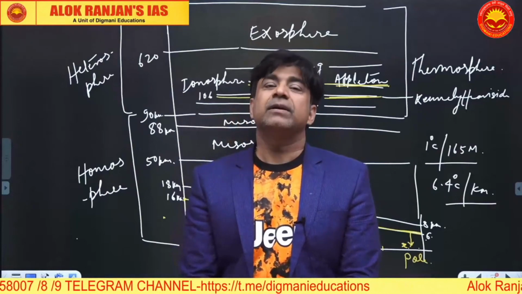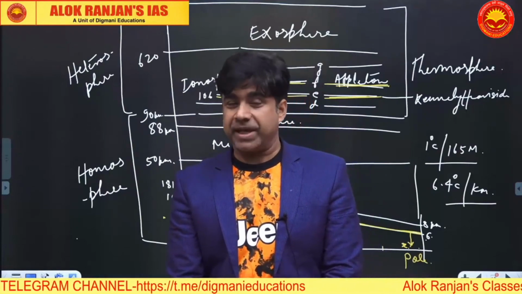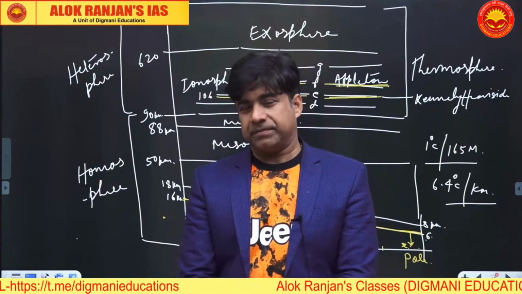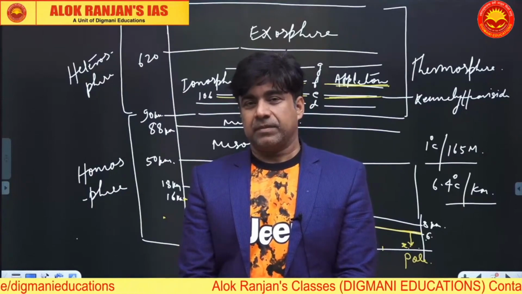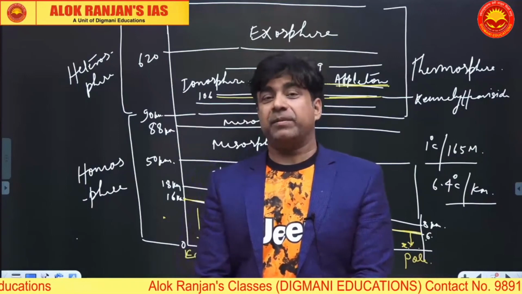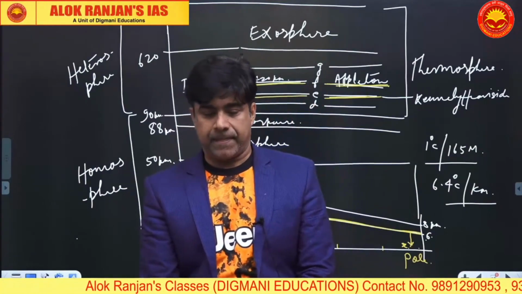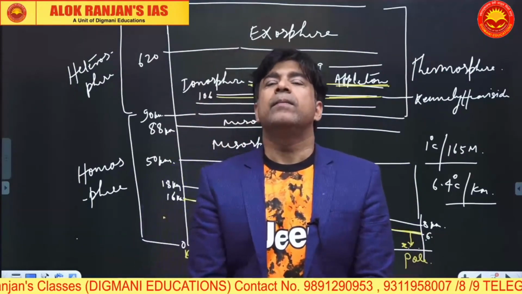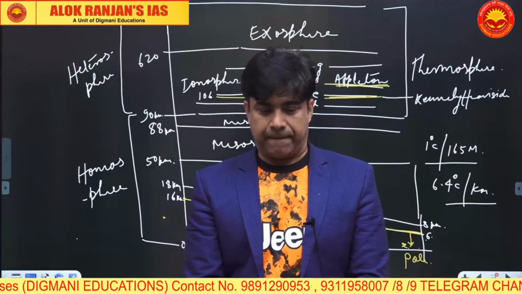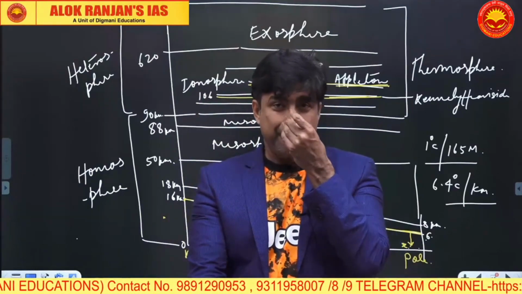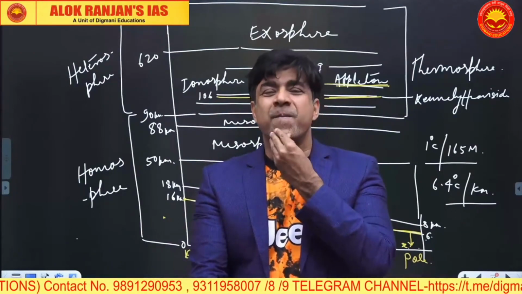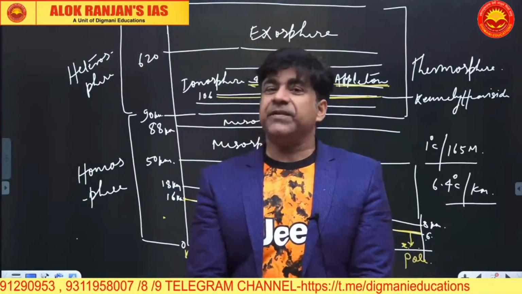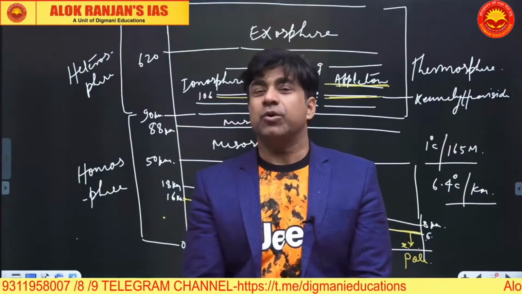Since Earth's centrifugal forces, outward forces, are maximum at equator, and centripetal forces are maximum at poles, there is a difference in the altitude of troposphere.